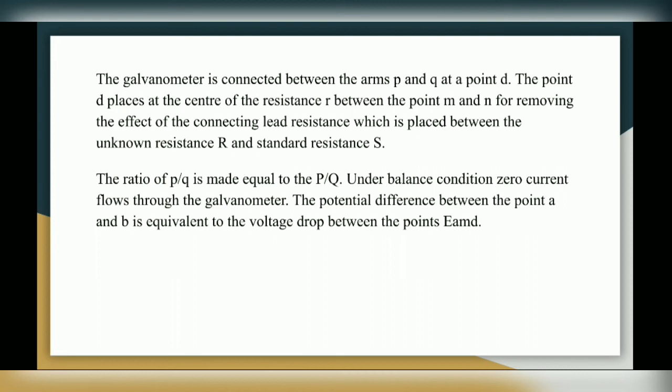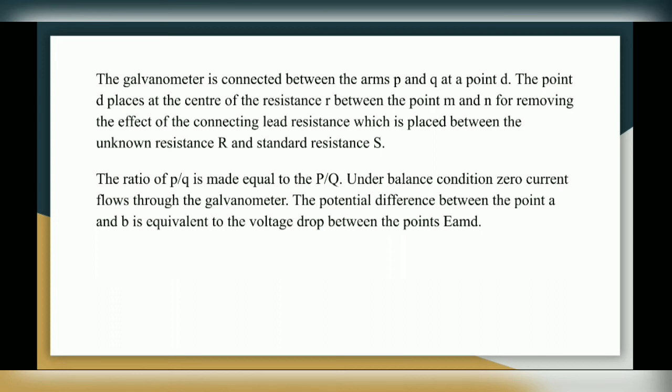The galvanometer is connected between the arms small p and small q at a point D. The point D places at the center of the resistance R between the points small m and small n for removing the effect of the connecting lead resistance, which is placed between the unknown resistance R and standard resistance S.